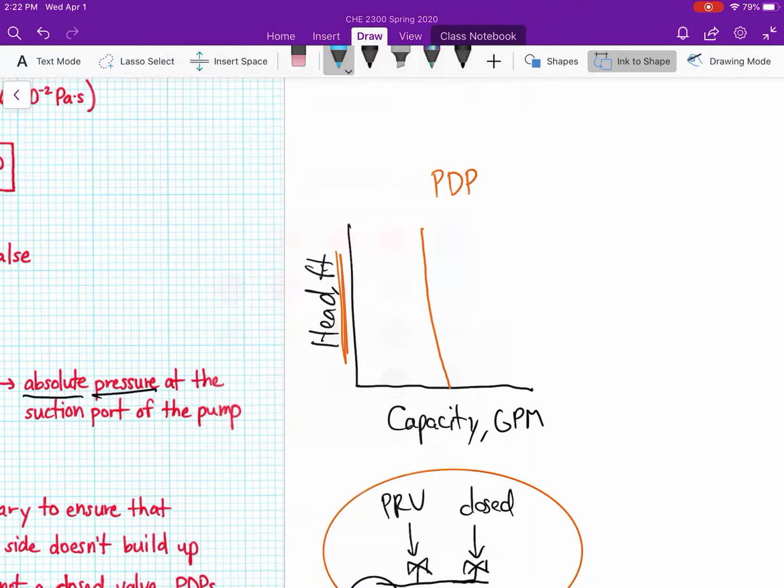On the other hand, for centrifugal pumps, I get a curve that you see in the light blue.